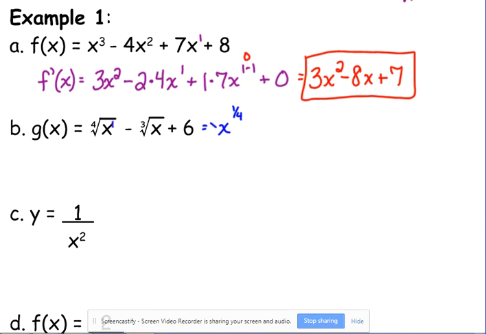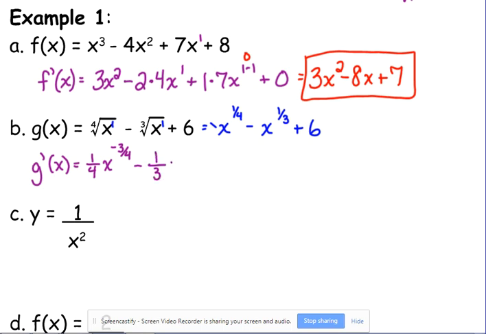Remember, power over root, so that's x to the 1/4 minus x to the 1/3 plus 6 is really what that function is. So now we can apply our rule. So we bring down the exponent, we subtract 1 from the exponent. So bring down the 1/4, keep the x, subtract 1 from 1/4, we get -3/4.